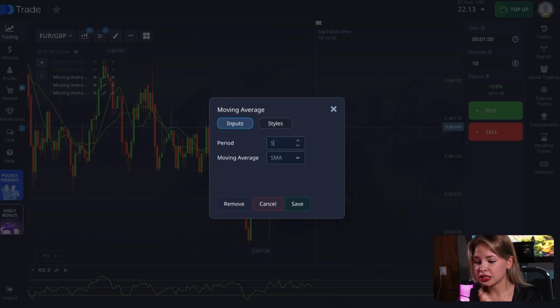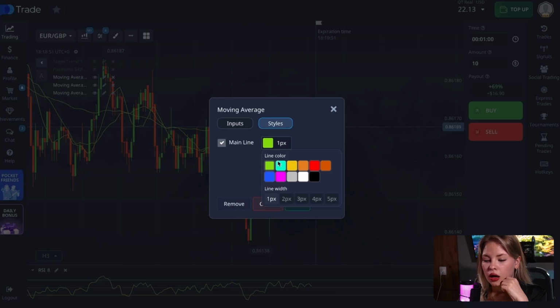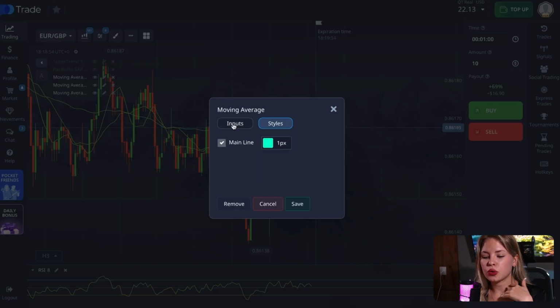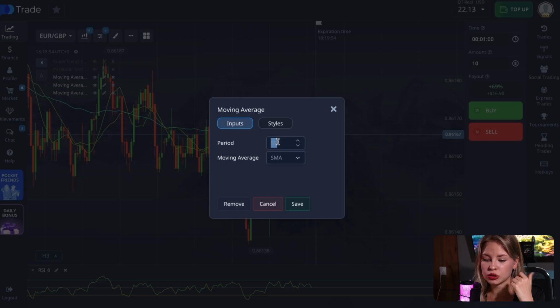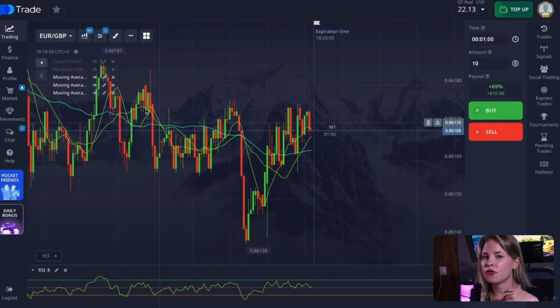Generally, these indicators are moving averages. Generally speaking, moving averages are used to identify market trends and to simplify price action for easier analysis. Moving averages show the average closing price of an asset over a particular period of time.